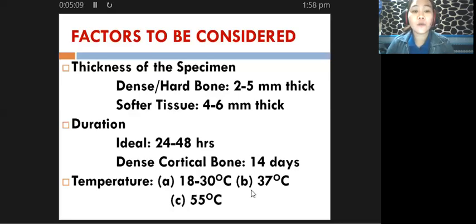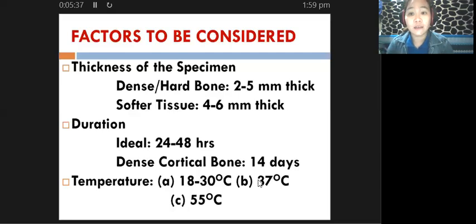For the temperature at which you perform decalcification, normally the process is performed at room temperature. In decalcification, the room temperature range is different from the range I gave you in fixation.